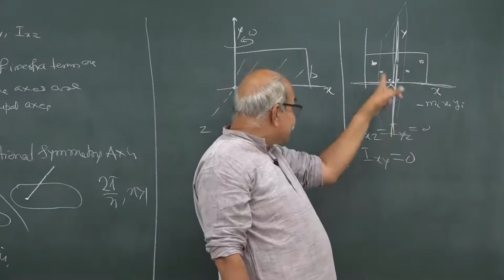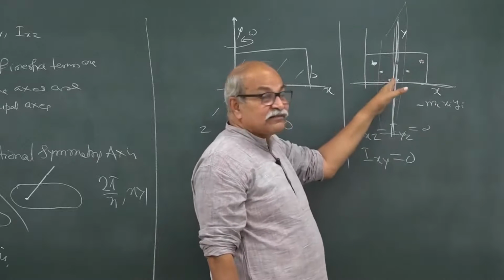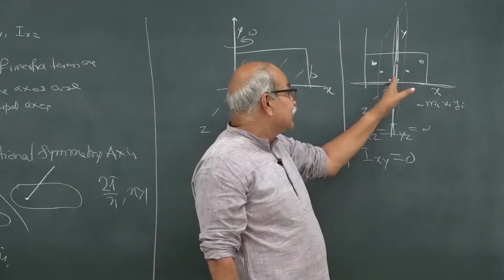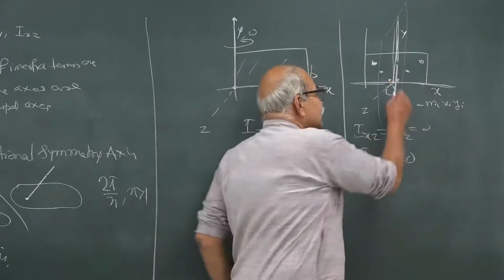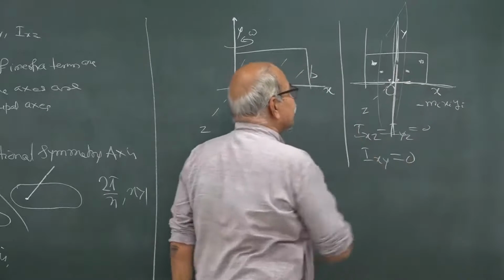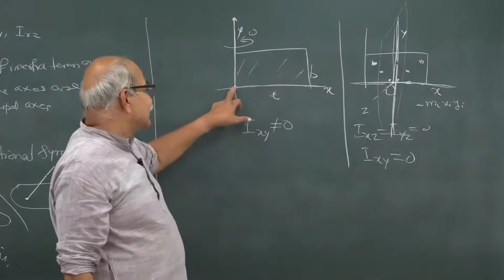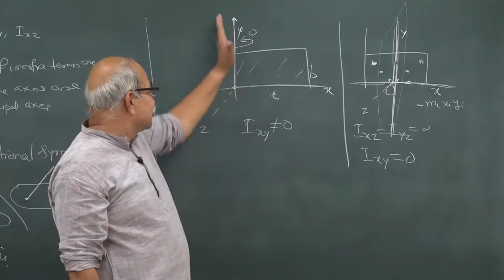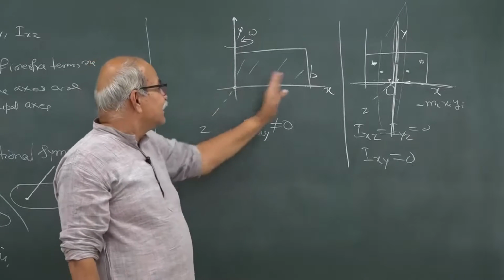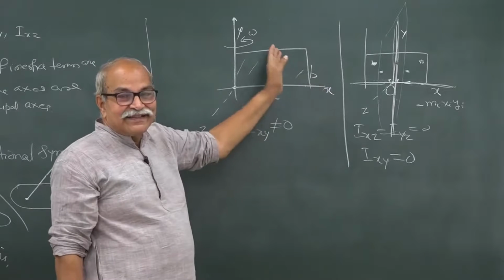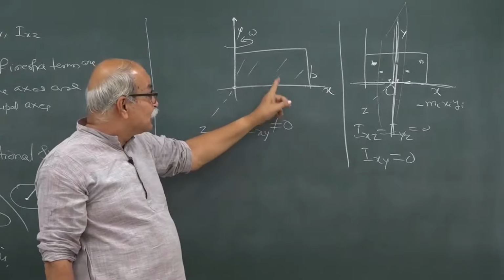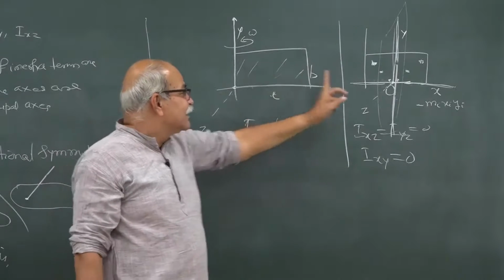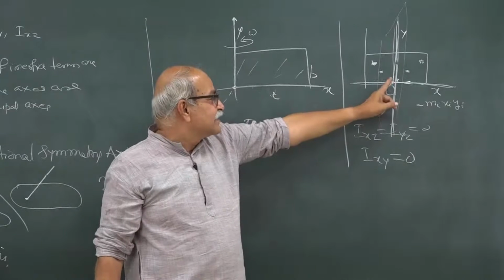If your origin is on this plane, then you can draw the perpendicular, and this is a principal axis. But here that is not the case. This plane is not a reflection symmetry plane, this line is not perpendicular to that, and the same line is not a principal axis direction here, the same line is a principal axis direction here.